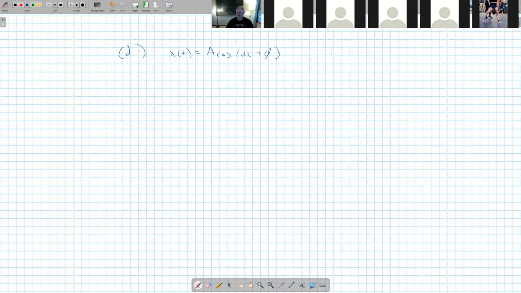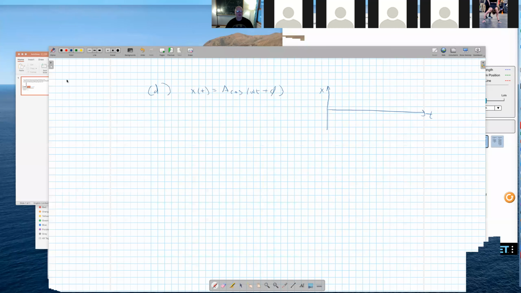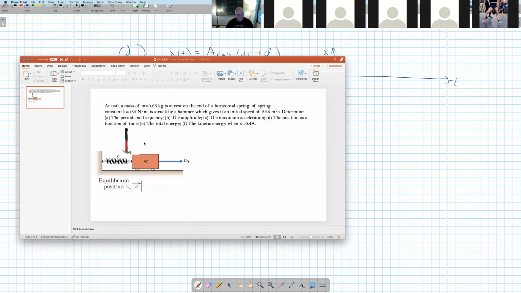Or we can think about the motion of this harmonic oscillator, which means thinking about plotting the oscillator versus time. Going back to our problem, initially our mass is at the equilibrium position and starts off with the initial velocity, which means it's at x equal to 0, goes out to the amplitude, turns around, goes back to x equal to 0, goes to negative amplitude, back to x equal to 0.